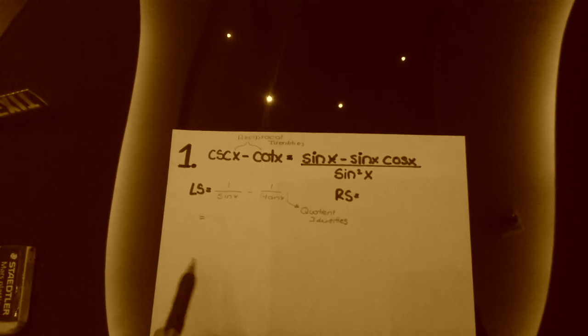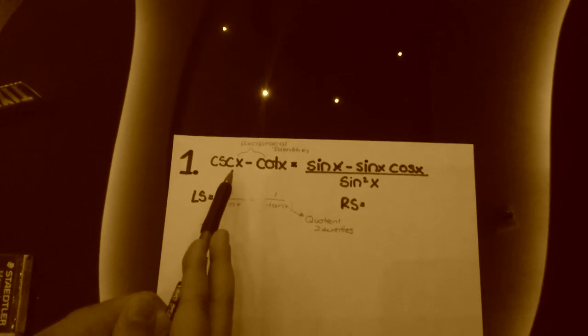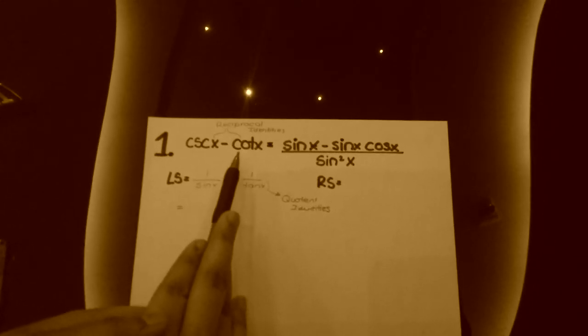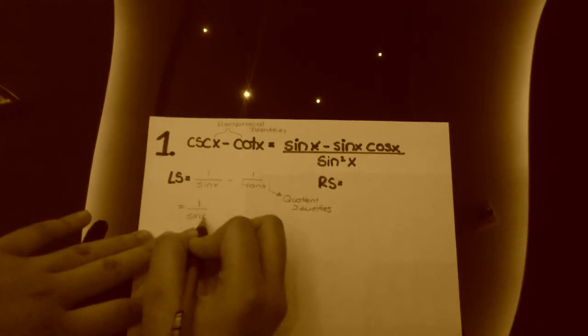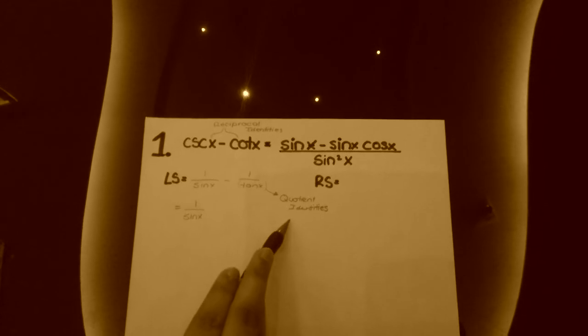For our first step, we are going to change the reciprocal identities into 1 over sine x minus 1 over tan x. Cosecant is the same as 1 over sine x, and cotangent is the same as 1 over tan x. For our second line, we are going to change the 1 over tan x, since tan x is a quotient identity.